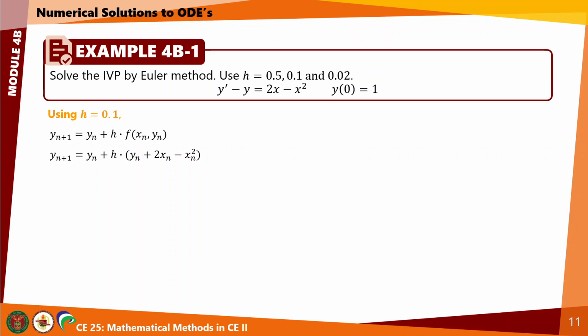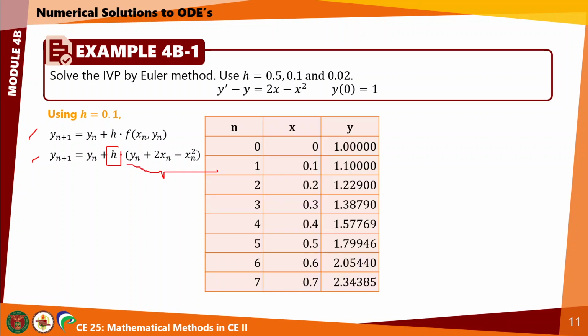Okay, now, what if we try using h equals 0.1? Meaning mas maliit na step size. Basically, ganun pa rin naman yun. Yung gagawin natin process sa pagkuha ng y. Kaya ang mag-iiba lang dito na value is syempre si h and itong mga coordinates ng x and y.